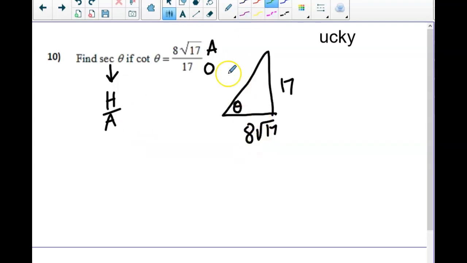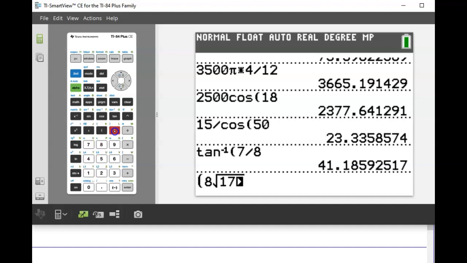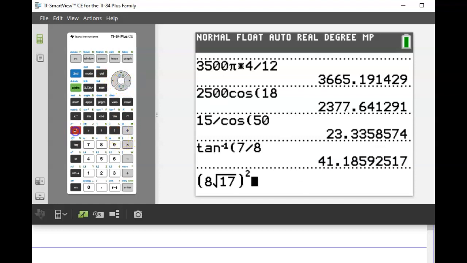So we need this hypotenuse. So we have to do leg squared plus leg squared equals hypotenuse squared. You do need parentheses: the quantity 8 square roots of 17, squared, plus 17 squared.